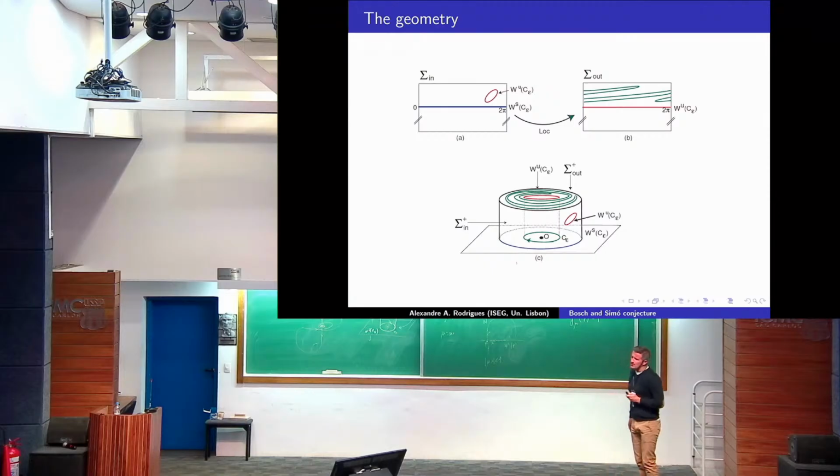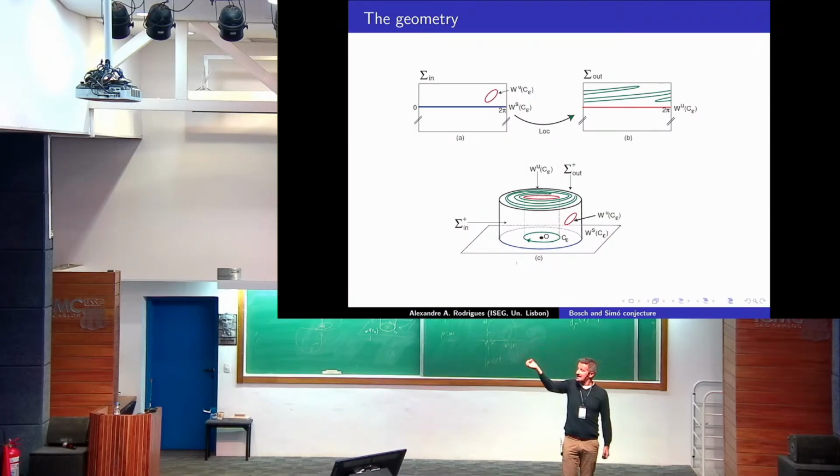Okay, so let's analyze just the dynamics. Suppose that here I have the wall of the cylinder, and what is this red curve? This red curve is the intersection of the unstable manifold of the periodic solution with the wall of the cylinder.